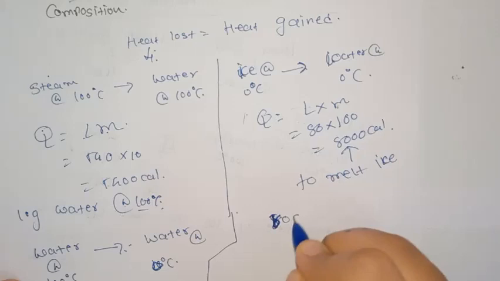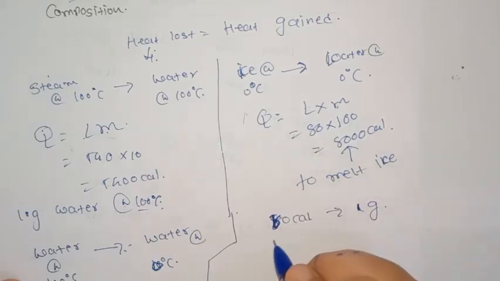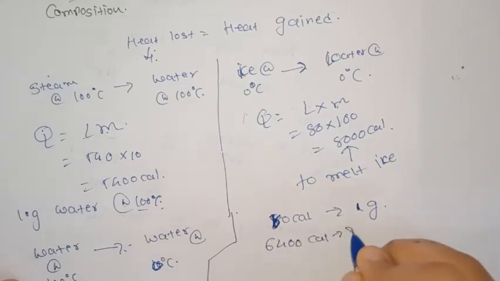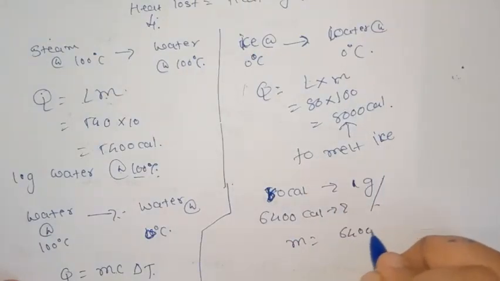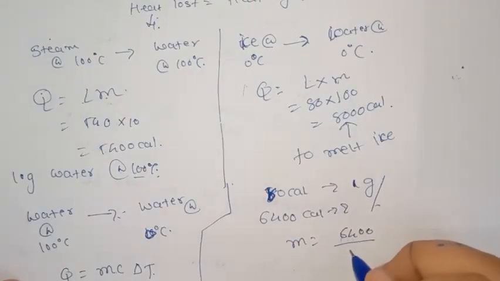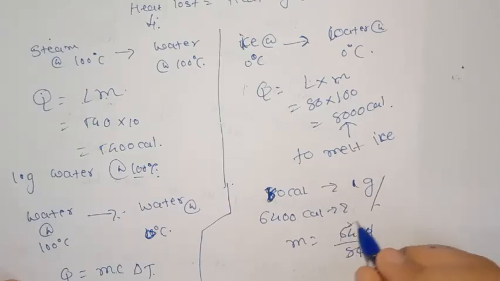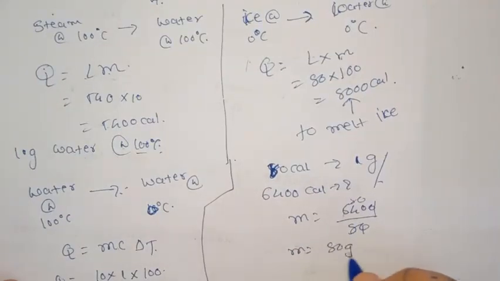In 80 calorie, we can melt 1 gram. Then how much ice can we melt in 6400 calorie? So M will be equal to 6400 divided by 80. So M will be equal to 80 gram. So we will be able to melt only 80 gram of ice.